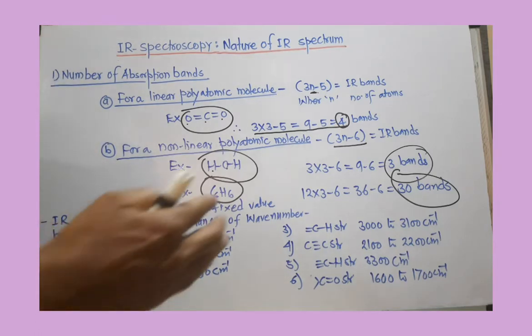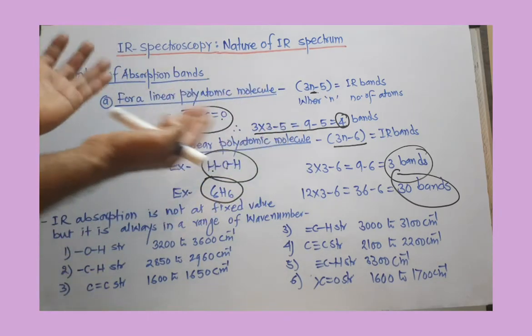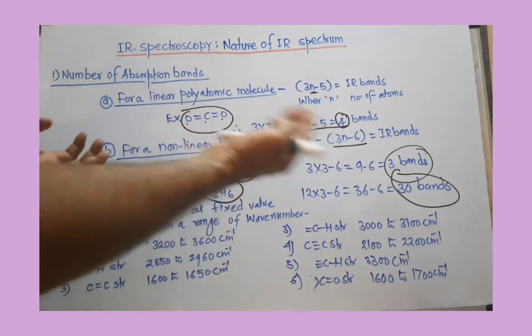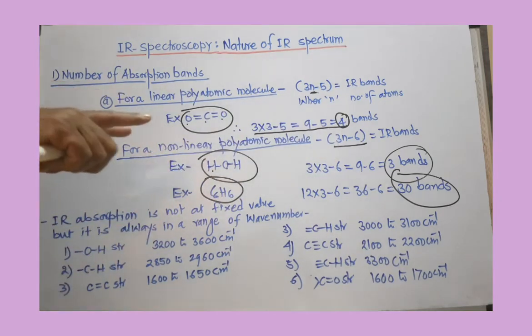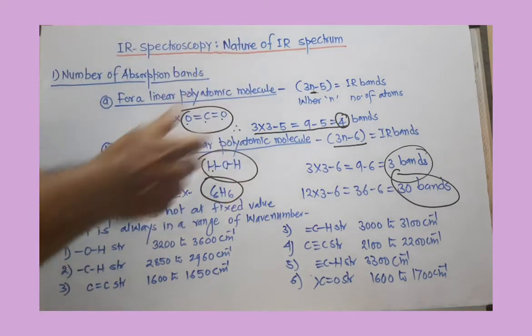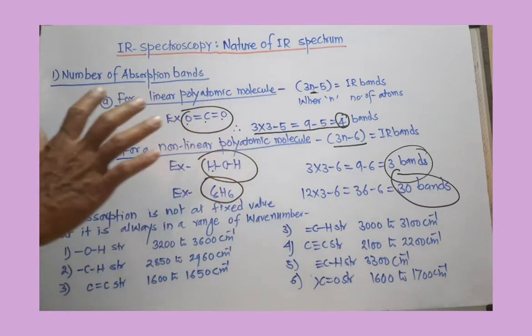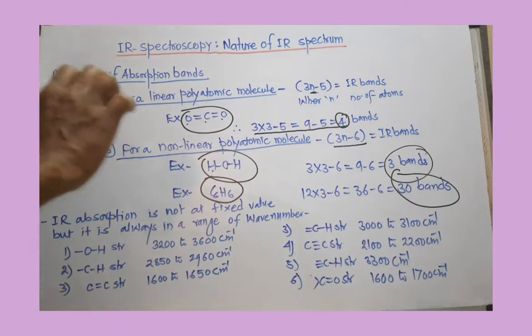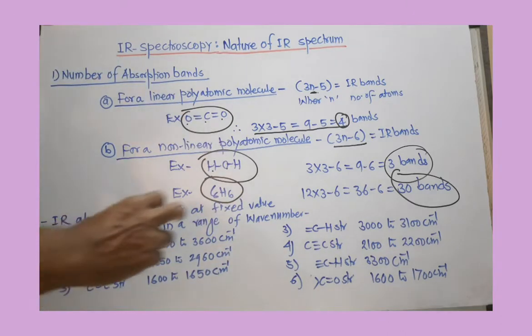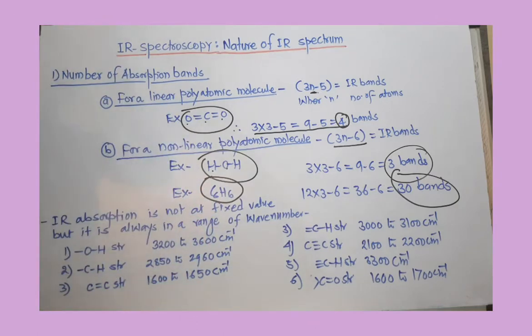Along with that, there are other possibilities: you may get overtones, you may get combined bands, that means bands having nearly the same value get combined and give a new band, or subtraction bands. So for each type of absorption, the wave number at which IR absorption takes place is not fixed.